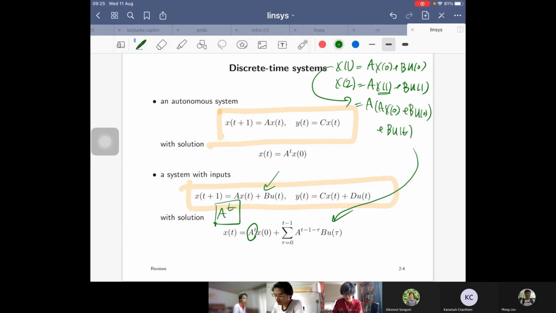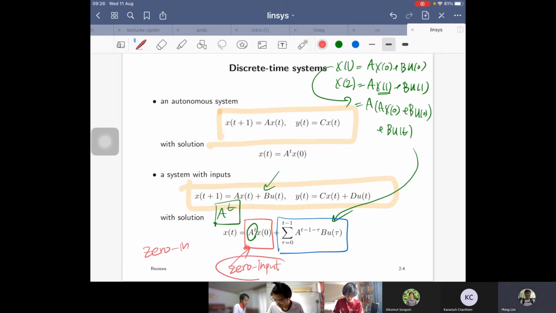But it still contains the same concept, which is that the response x(t) contains two terms. The red term is called what? Zero input response. Yes, this is called zero input response because it's given as if there was no input applied.